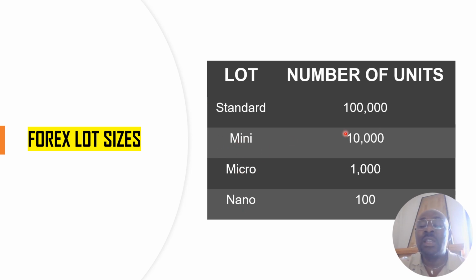If you are going for this, you just need to drop 10% of it. You tell your broker when you open the account, because you select the type of account you want to open. Once you select this 10,000 lot size, you pay 10% and they pay the remaining 90% to complete it for you. So they give you money to trade.